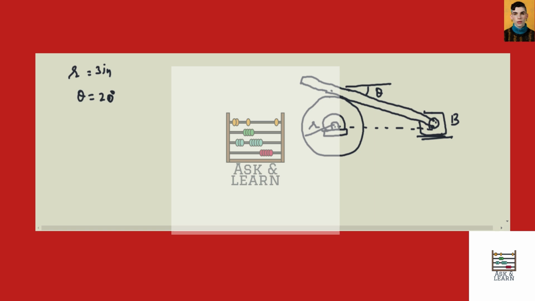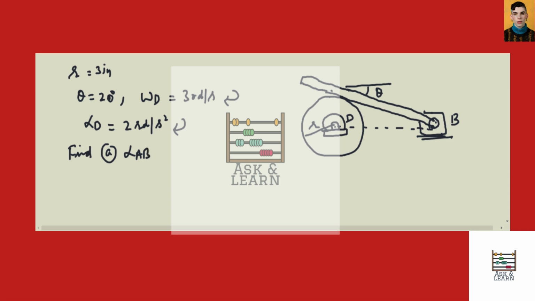The angular velocity of the gear D is 3 radian per second in clockwise direction and speeding rate, that is angular acceleration, is 2 radian per second square in clockwise direction. We have to find angular acceleration of AB and acceleration of block B.